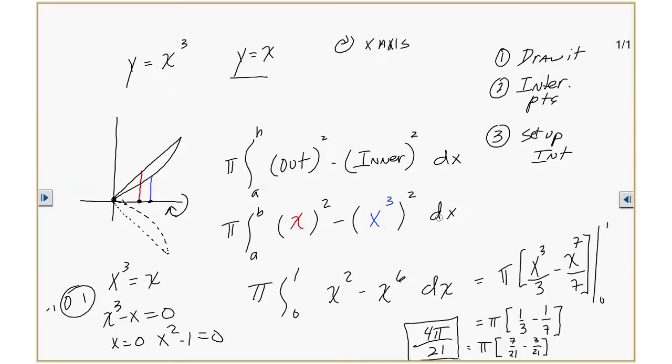Now let's go ahead and do the same problem, except this time I'm going to put the rotation point not at x, I'm going to put it at -3.